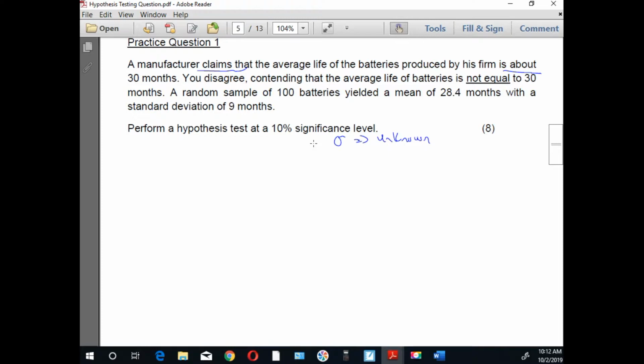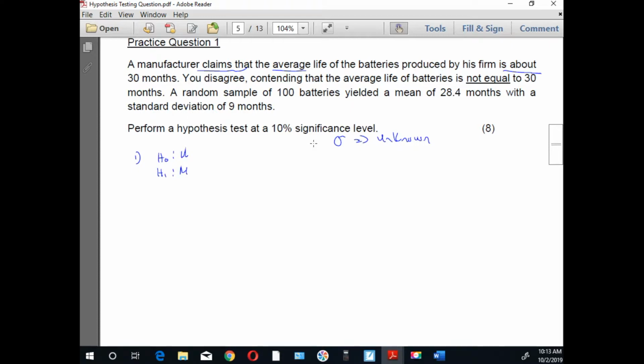We start. Step 1: H0, H1. We know it's a mean question, because of average, so mean is represented by mu.